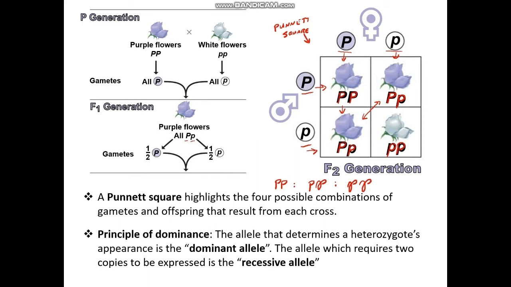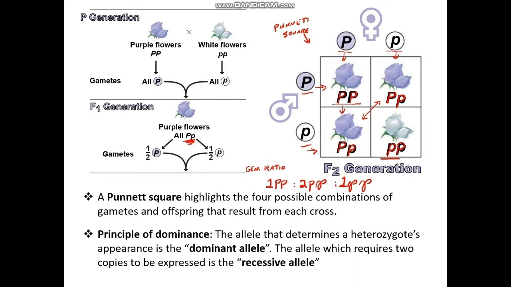Now, if you count up how many of each kind you have, you get one way to make a homozygous dominant individual, two ways to make a heterozygous individual, and one way to make a homozygous recessive individual. This is a genotypic ratio. Okay. In a normal monohybrid cross, that is, we're taking two hybrids and breeding them together, you'll get a 1 to 2 to 1 genotypic ratio.